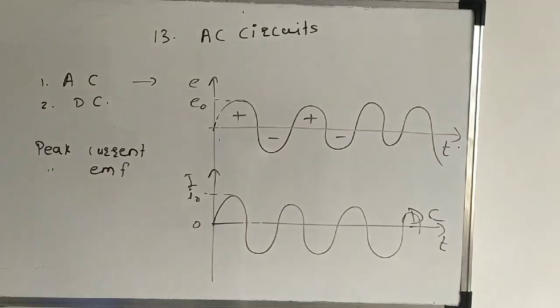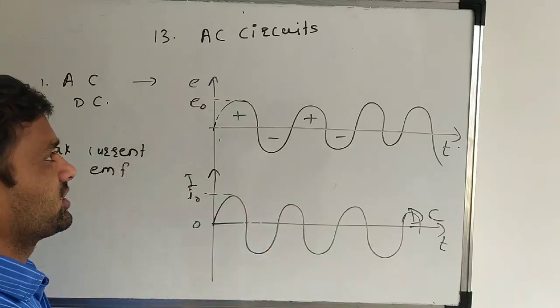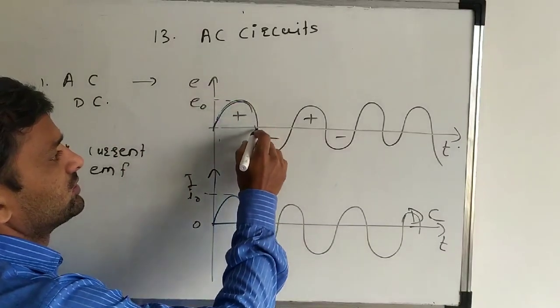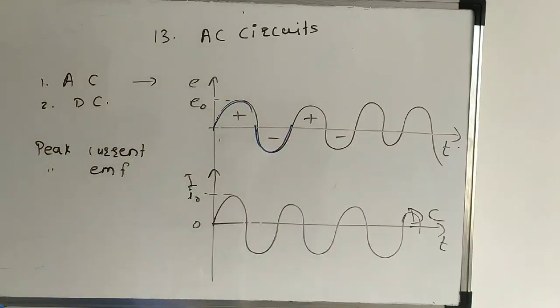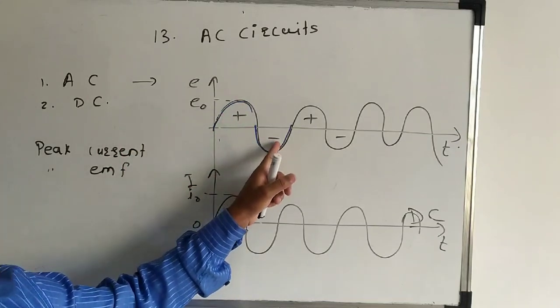Now the next topic is the average or mean value of the AC source, mean value of current and mean value of EMF. If you see, for one half cycle, the average value of the EMF and current is 0. In one cycle, there is one positive loop and one negative loop combined to form one cycle.